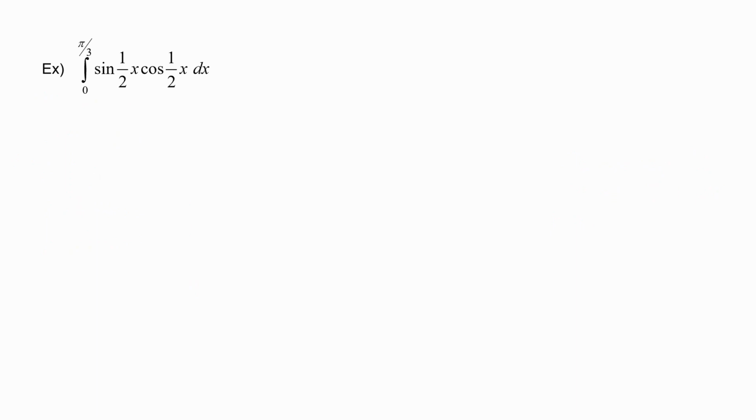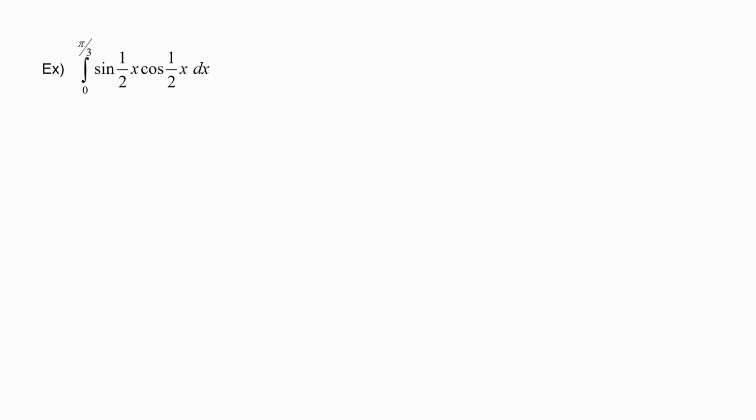In this example, we are integrating from 0 to pi over 3 sine of 1/2 x cosine of 1/2 x dx. So we have a couple of choices to set up our u/du substitution, because we know that the derivative of sine is cosine and the derivative of cosine is negative sine.